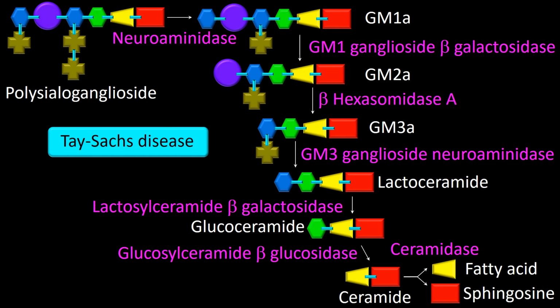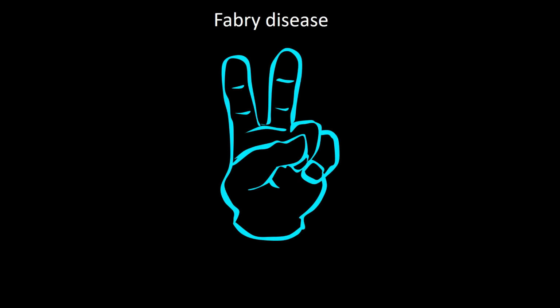Tay-Sachs disease is due to beta-hexosaminidase A deficiency. Gaucher disease is due to glucosylceramide beta-glucosidase deficiency.